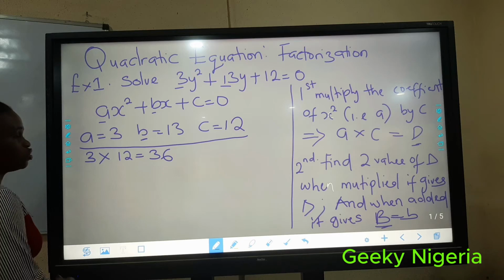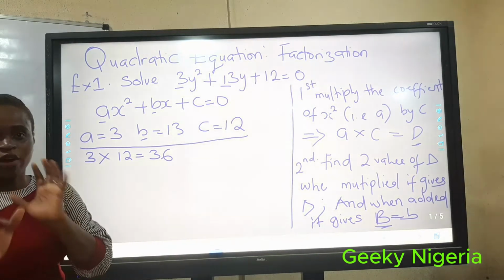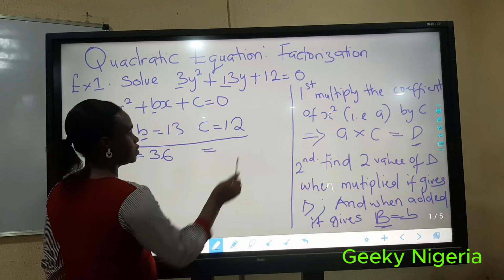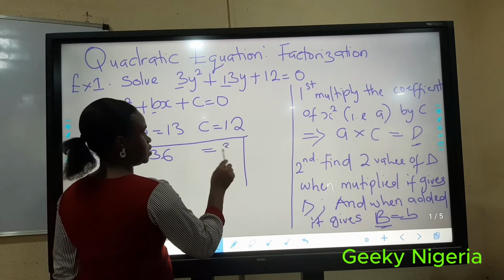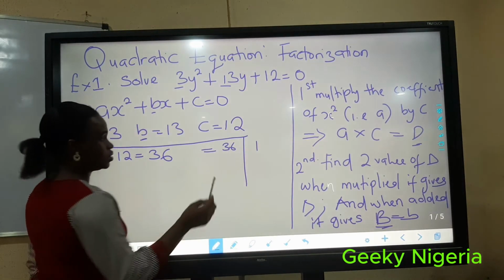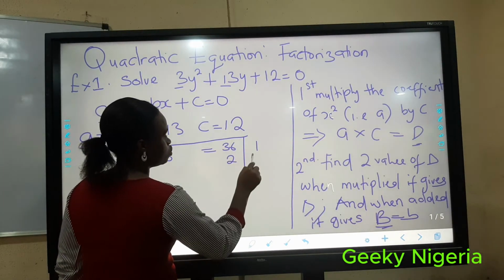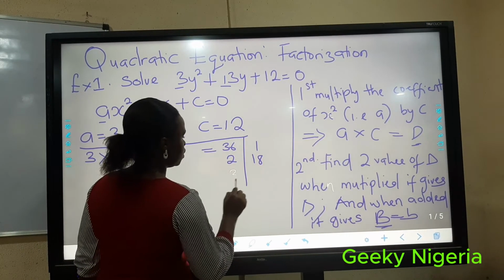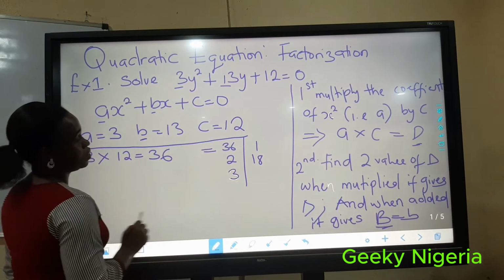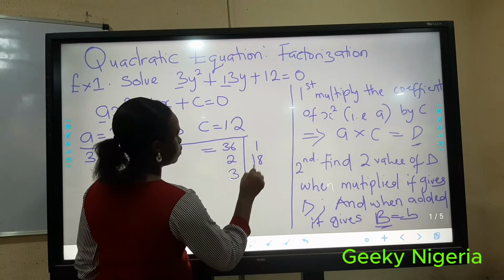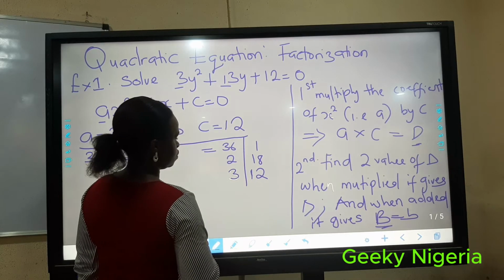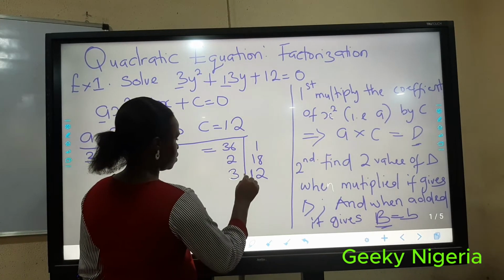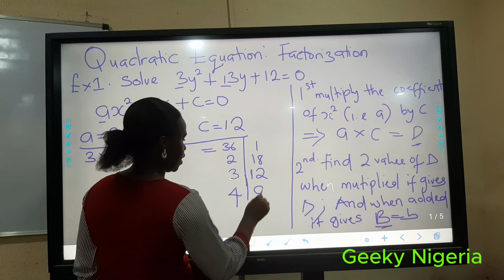13. In this situation, the first thing I would advise is to write down the factors of 36 that you know. The factors of 36 we have: 36 and 1, which multiply to 36; 2 and 18, which give you 36; 3 and 12, which also give you 36; then 4 and 9.